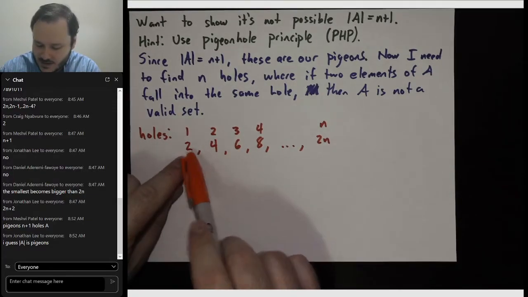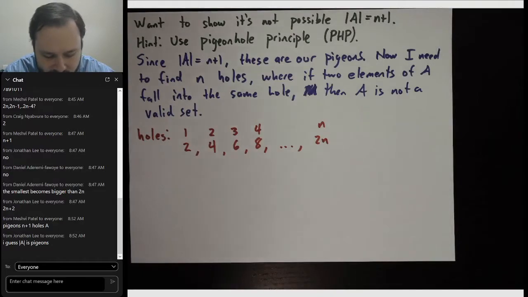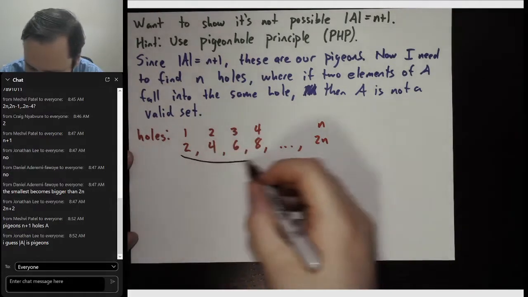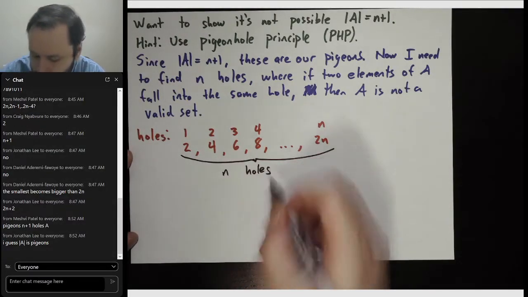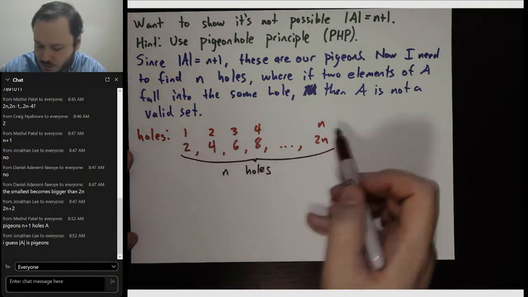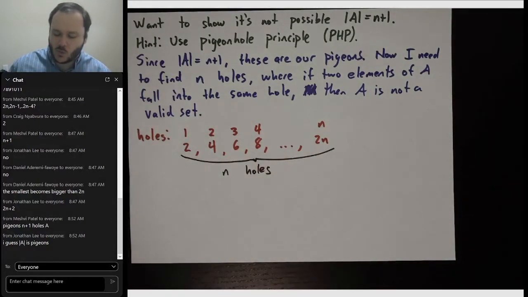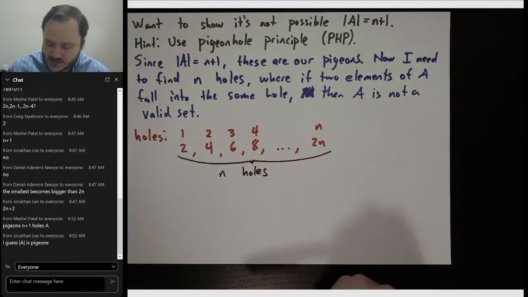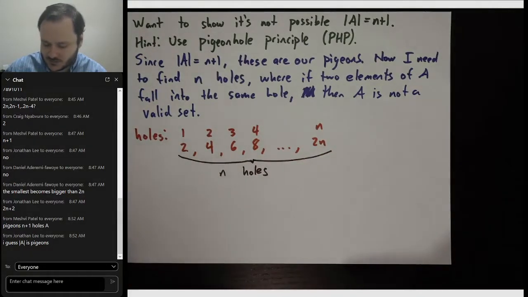Out of these n holes, I can only ever choose one of the elements to be in my set. I know there's n of them because they go from 1 up to n. And I can't have two elements from one hole. Right? I can't ever have 4 and 8 both be in my set. At best, I have to go through these and pick one of my numbers from each one.